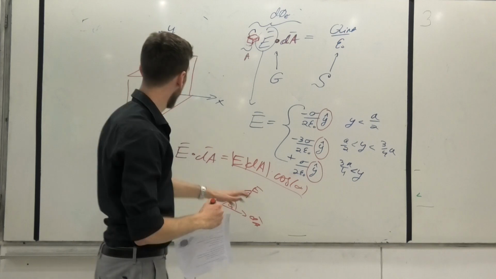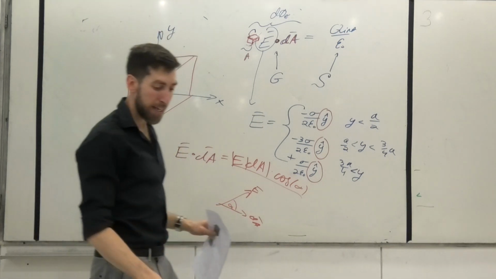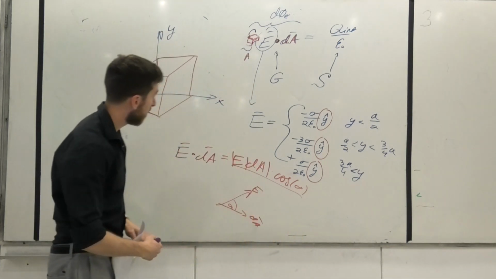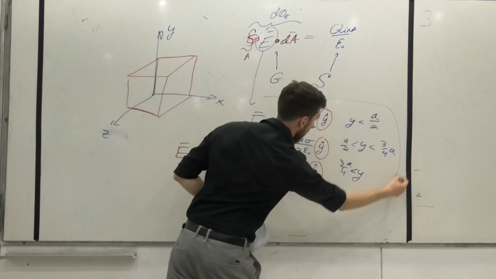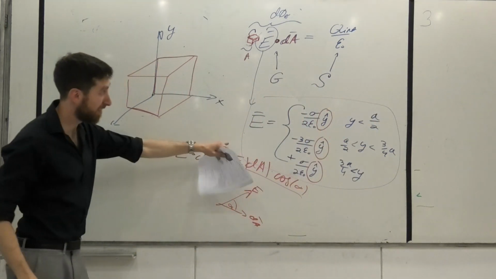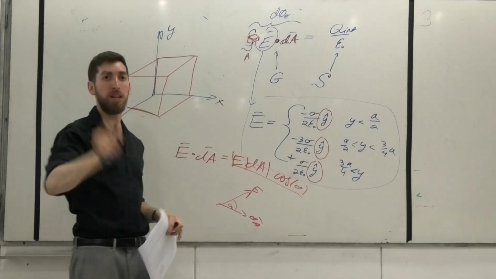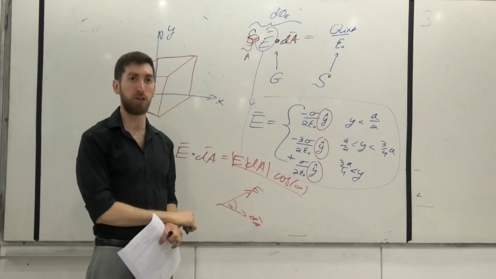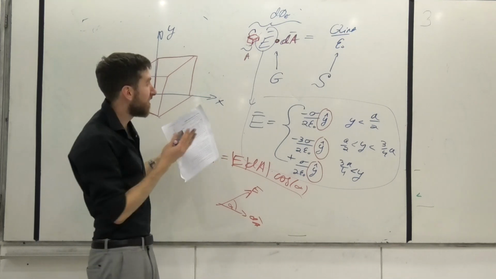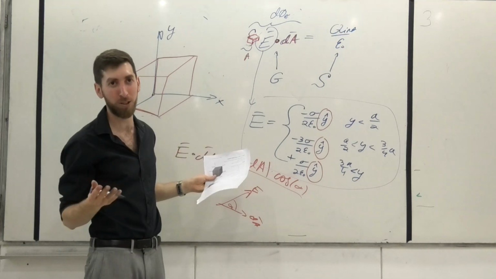Okay? Perfect. So, they asked me, knowing that this is the electric field, what is the charge inside the cube? Only inside the cube. Can you tell me what the charge is? This is the definition of Gauss's law, okay?